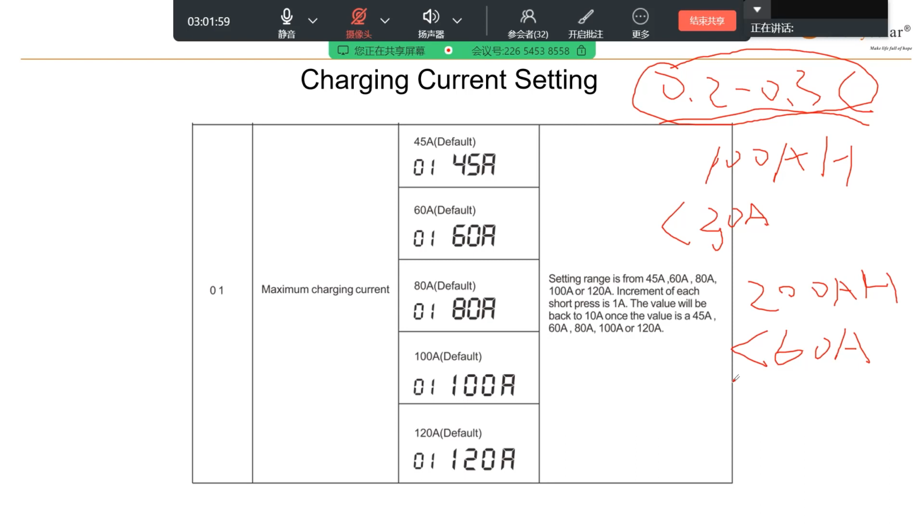We recommend this, but I know that in real situations it's hard to control. I know that. But for lithium battery, if it's 200 amp-hours, it's different. The maximum charging and discharging current you can set is 80 amps. So for this charging current setting, you need to consider your battery capacity.